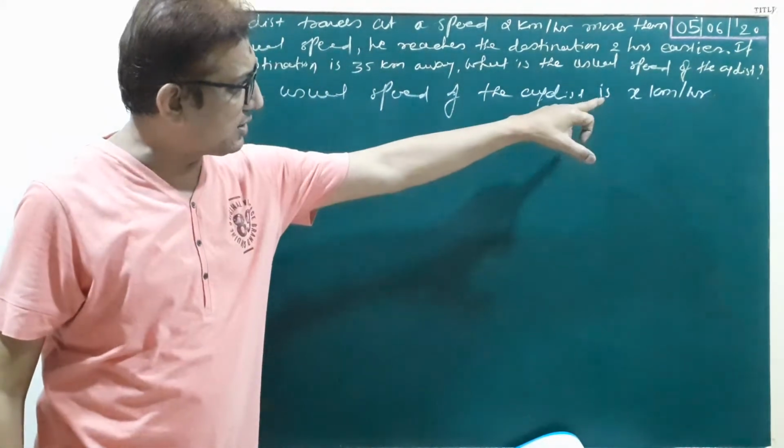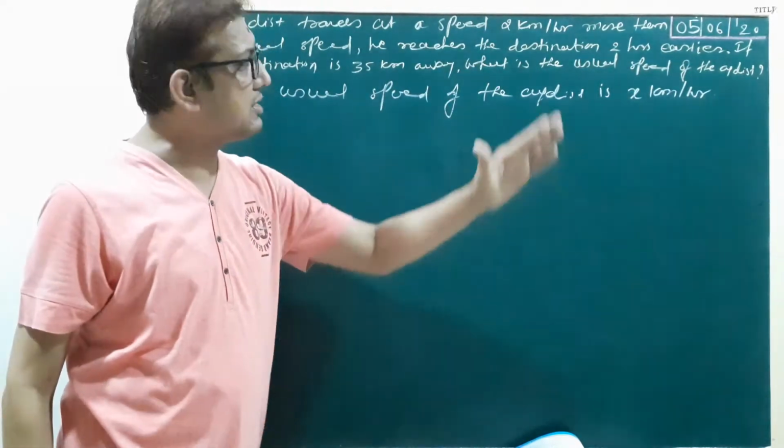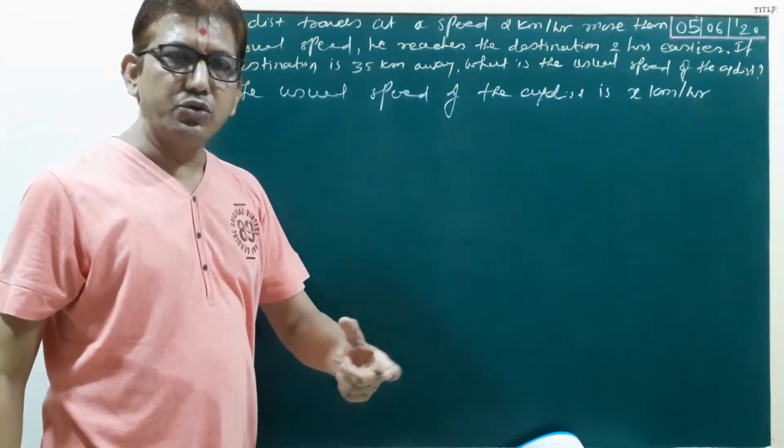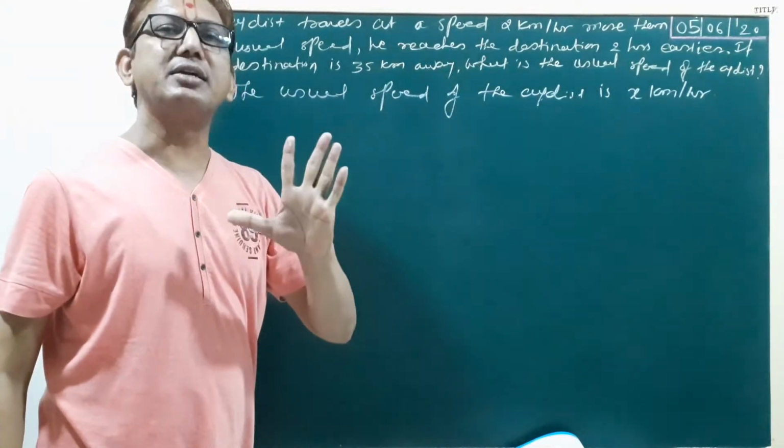What's the meaning of this? X kilometer per hour means in 1 hour your distance is x kilometer.